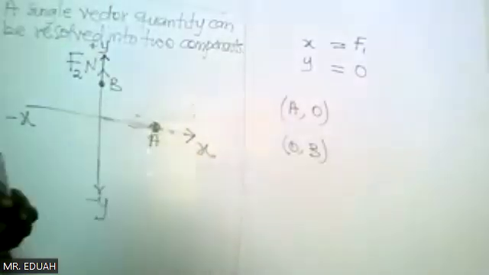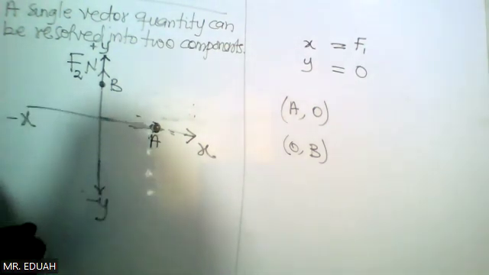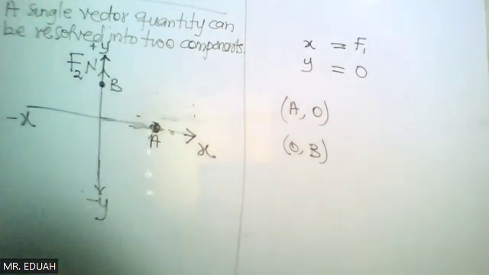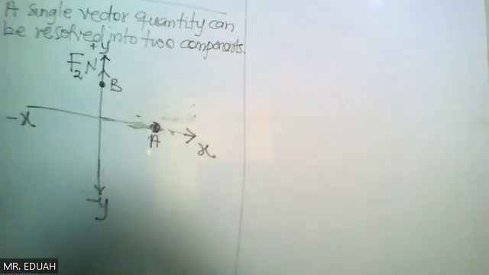Are you following? Yes. So what I'm saying is that this is similar to your JHS transformation, where you have a point within the Cartesian plane, x and y.